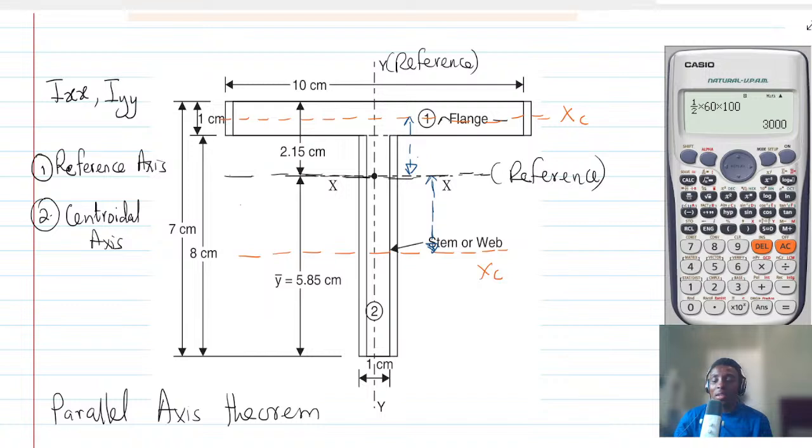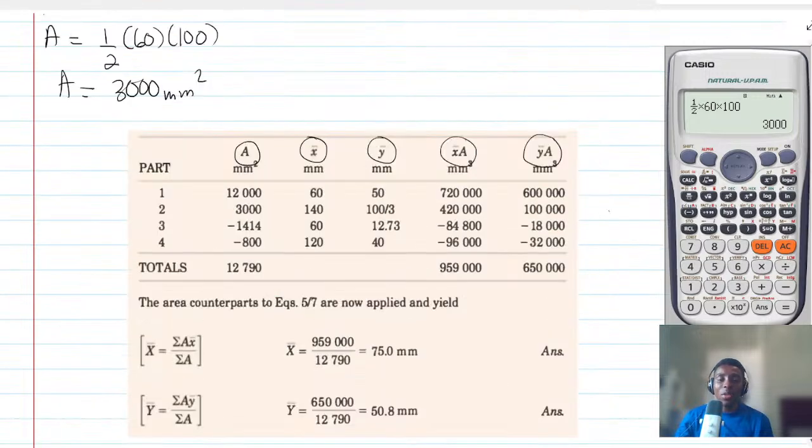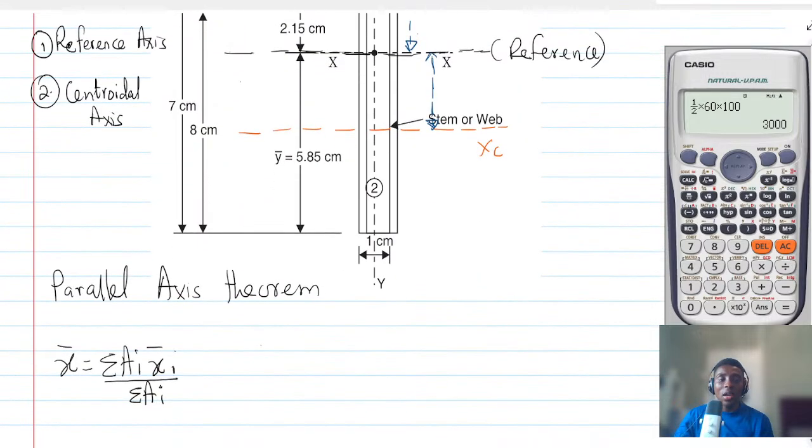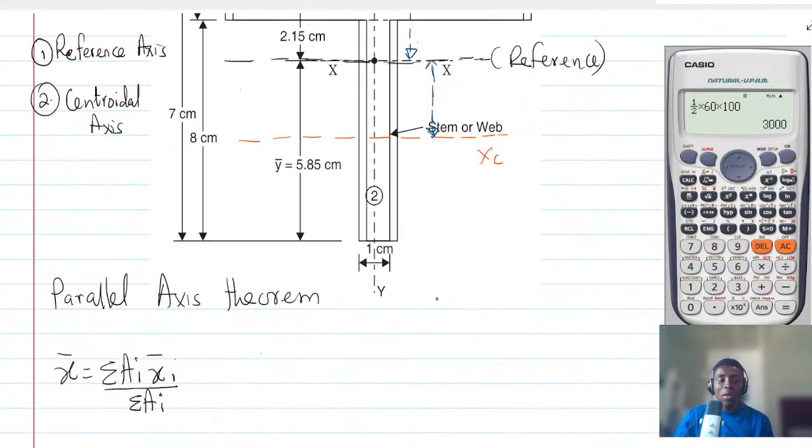What do you see here? And then let's also look at the y bar, summation ai y bar i divided by summation ai.